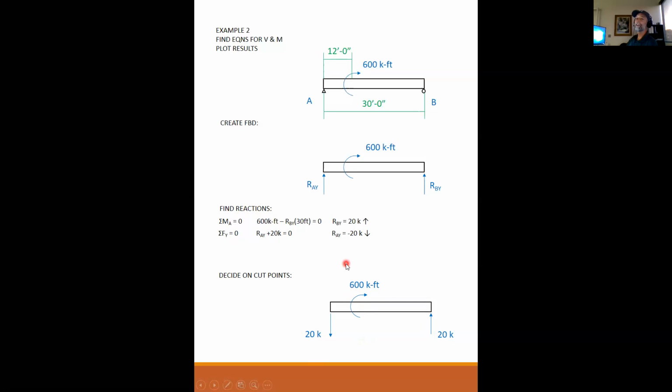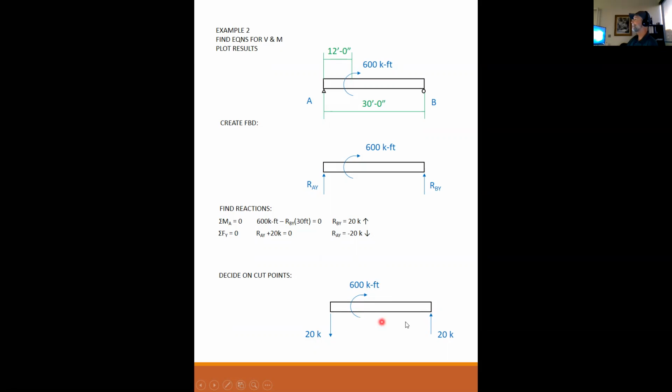But I want everybody to understand why I need 2. I need 2 because this reaction is a discontinuity, so that's one discontinuity. This applied loading is another discontinuity, so I need a cut between them. And between this discontinuity and my other reaction, which is a discontinuity, I need another cut.